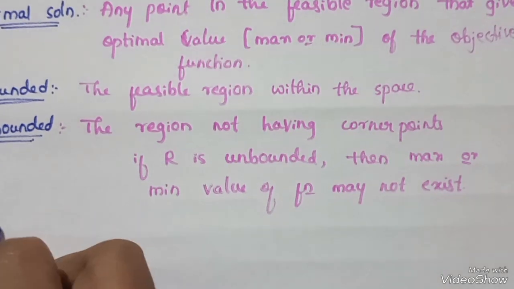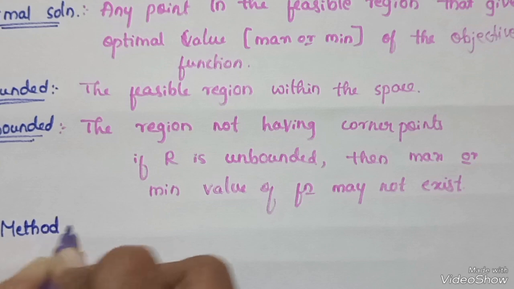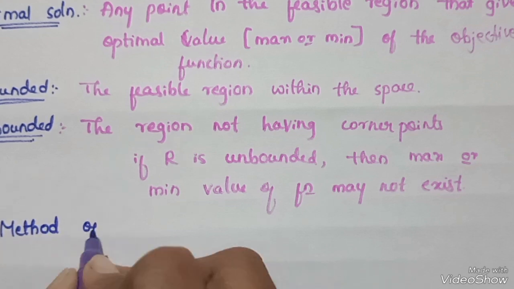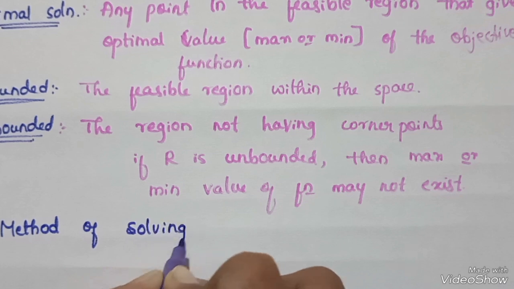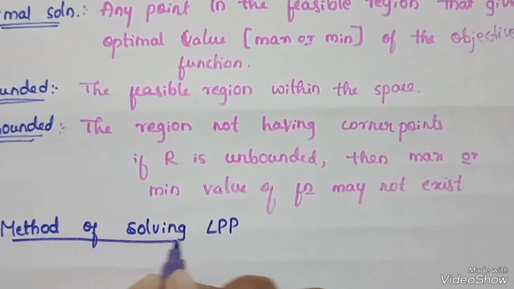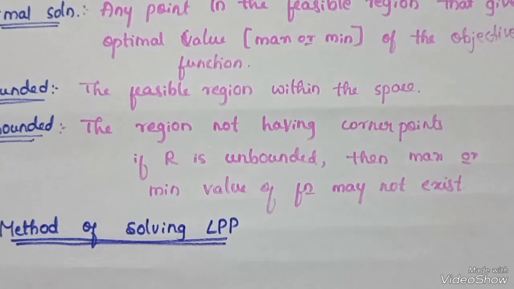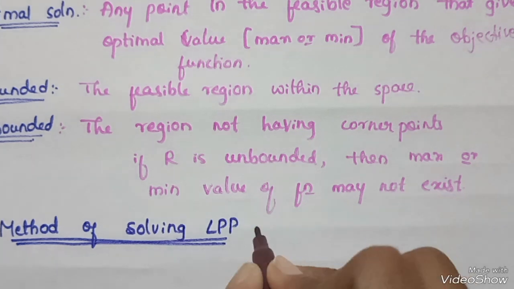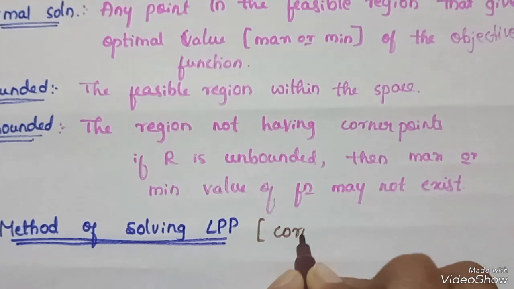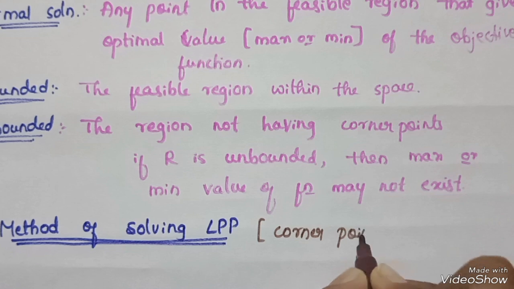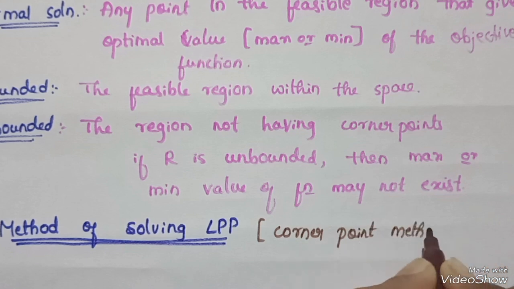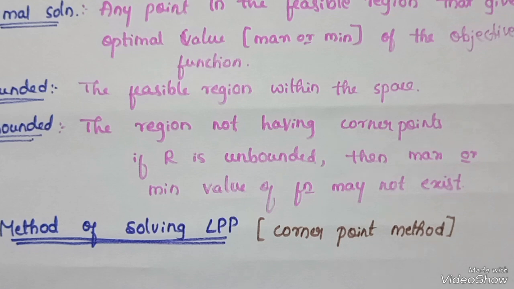Usually we solve the LPP by using the corner point method, or the graphical method using a system of linear equations.